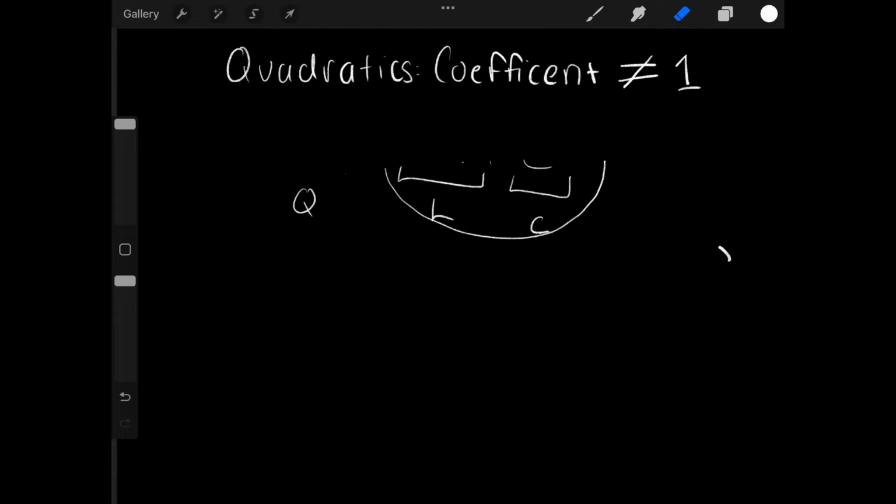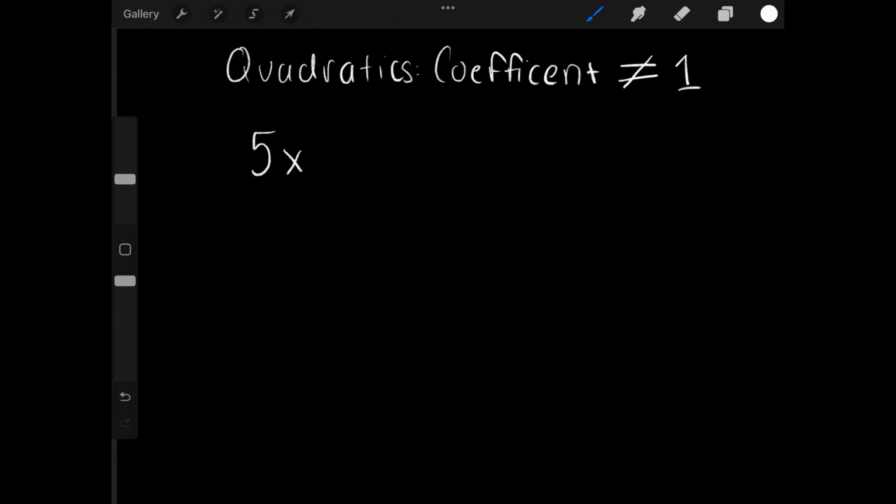Okay, so let's get started and let's walk through a problem together. 5x squared plus 11x plus 2 is equal to 0. So the first step, which is a bit different from quadratics when the coefficient is 1, is to multiply a and c together.